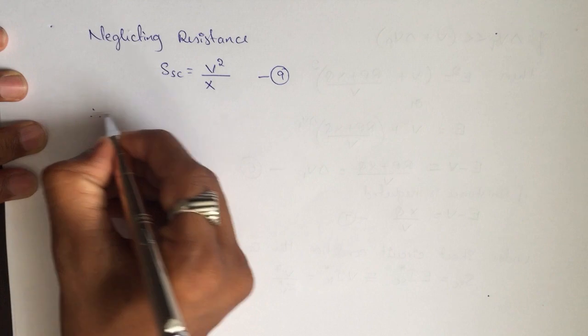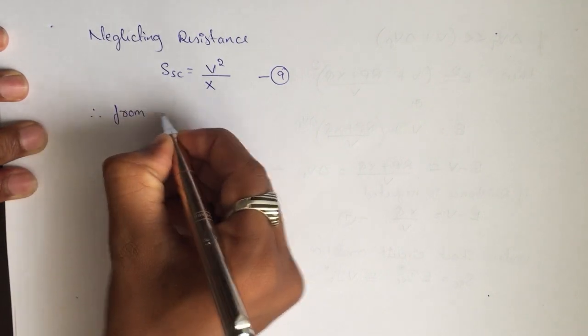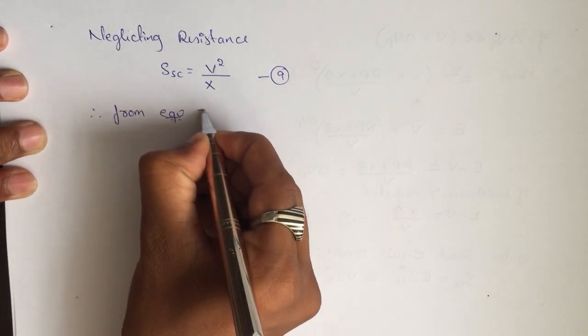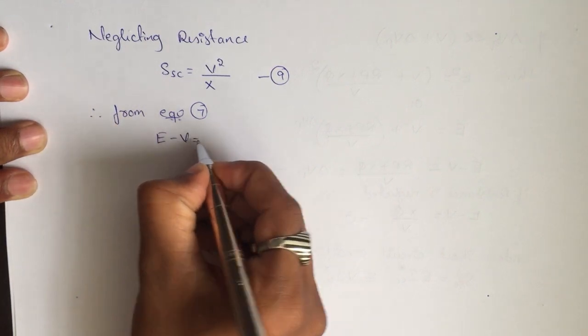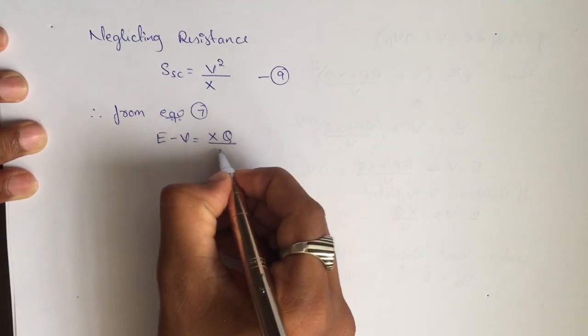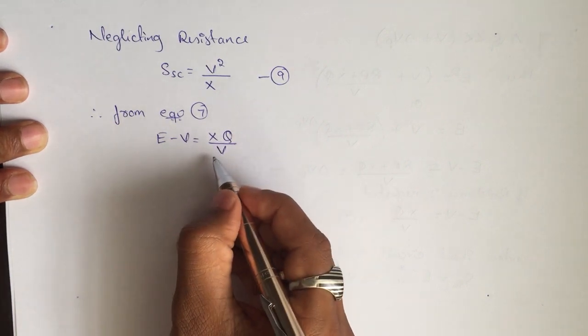Therefore, equation 7 states E minus V is equal to X into Q divided by V. This is also neglecting resistance.